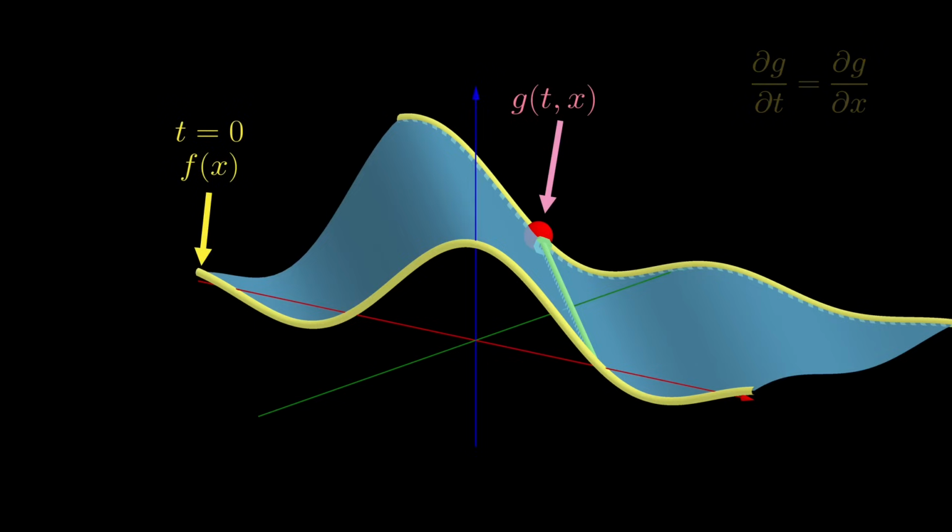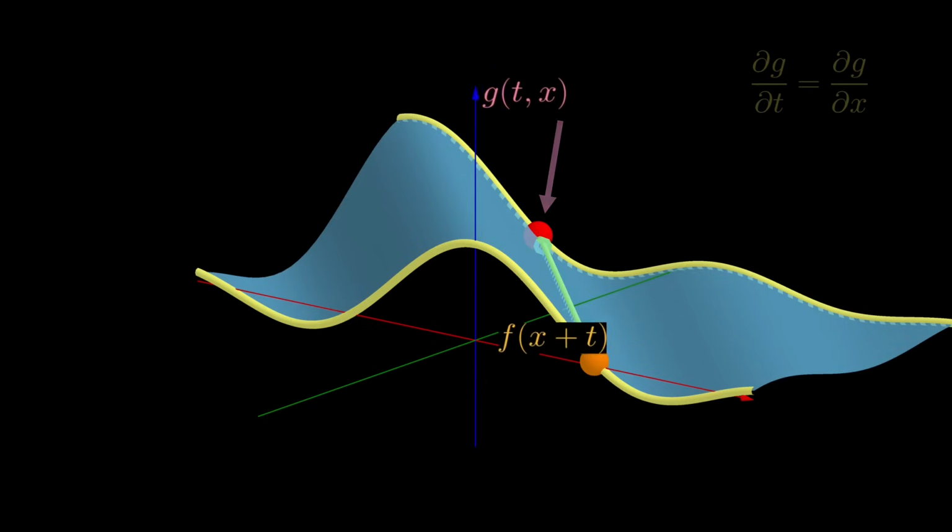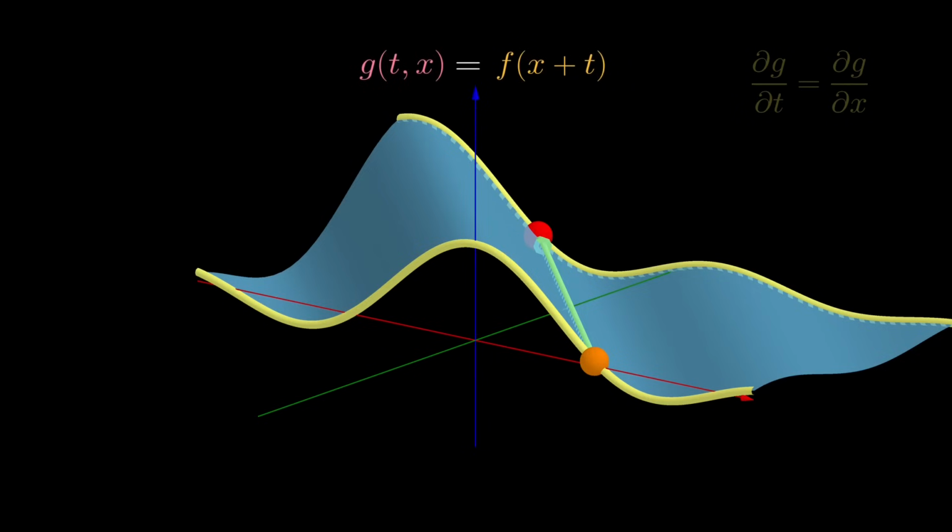And the point when we trace back where g of t,x was translated from would be exactly the point f of x plus t, because the 45-degree translation means that you have translated t units along the t direction and also t units to the left along the x direction. Because the whole thing about this translation is that it stays level, we have these two being the same, i.e. g of t,x is equal to f of x plus t.